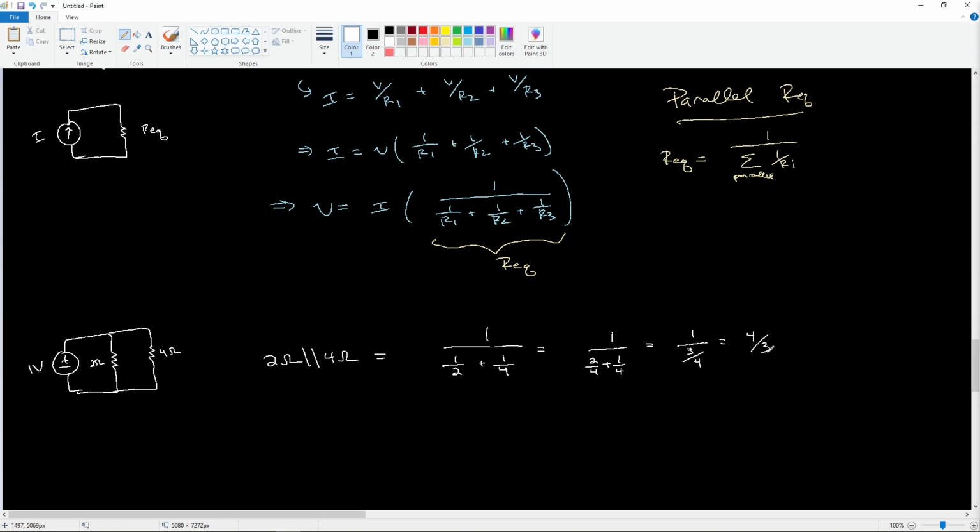If you're dividing by a fraction, it's the same as multiplying by the reciprocal. So instead of 1 divided by 3/4, it's 1 times 4/3. So it's 4/3 ohms.